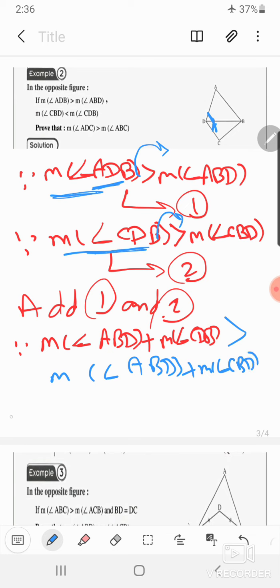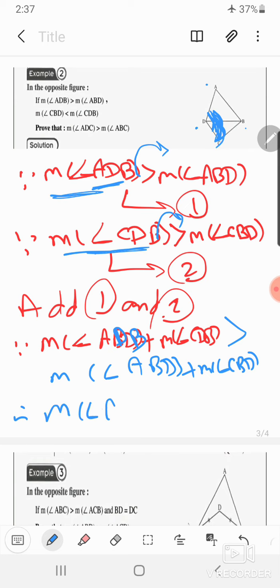Now let's look at the opposite figure. Here you have ABD. Which one is ABD? This one is ADB, sorry, ADB. So ADB, this part, plus BDC, this part, you can get ADC, all of it.